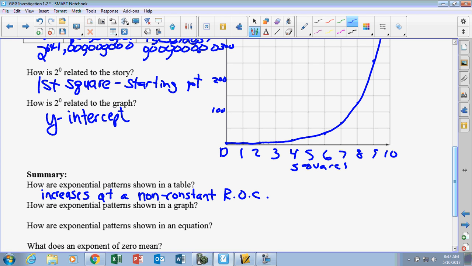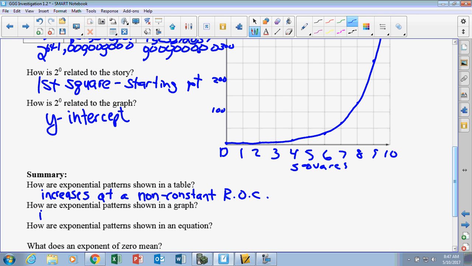Okay, now it says how are patterns shown in the graph? Well, again, if we go from left to right, it increases slowly before, usually near the end of the graph, it starts to shoot up, right? So again, we could say almost the same thing as we did in the first one.